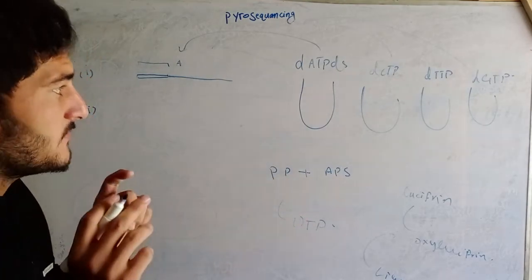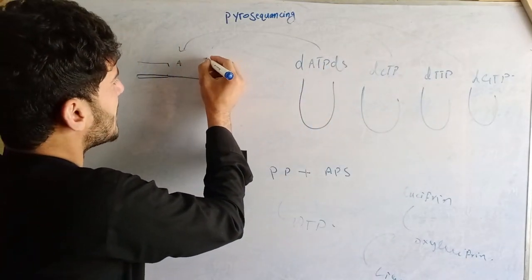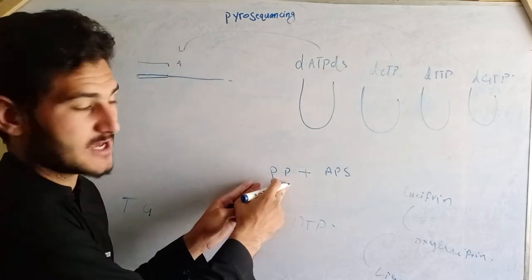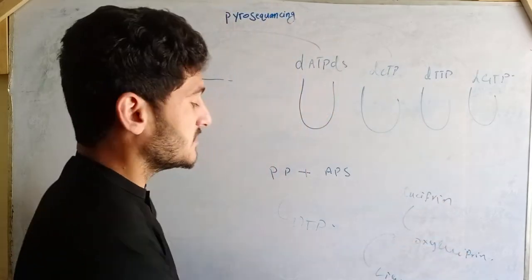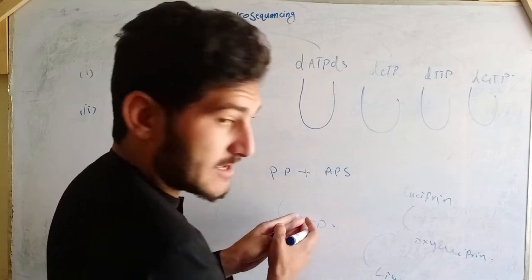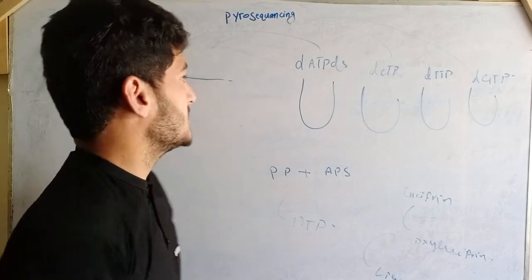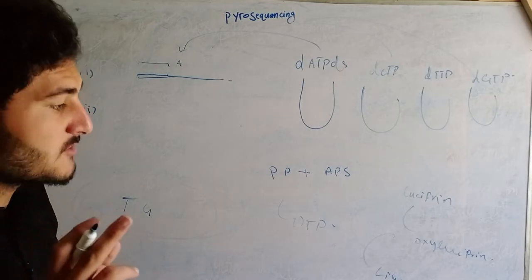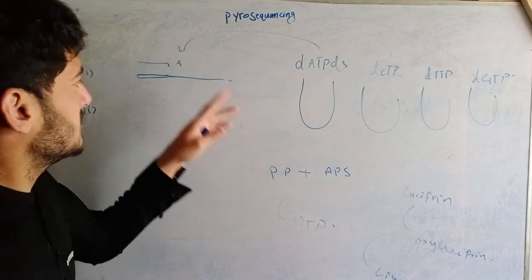If we add dTTP and it is not attached, then pyrophosphate is not pumped, then the luciferin is not converted into oxyluciferin, so ATP is not produced. If ATP is not produced, then light is not produced, and in the pyrogram we do not show the peak of dTTP.